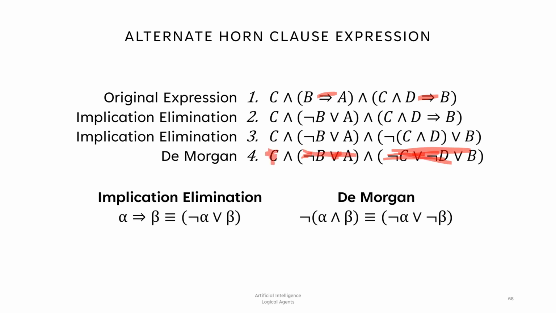In this case it's B, A, and C. But if this B was a not B, then it would just be a Horn clause, not a definite clause, because it doesn't have any positive literals. So the rule for a Horn clause is that it has at most one positive literal, or for a definite clause it must have one positive literal. Okay.